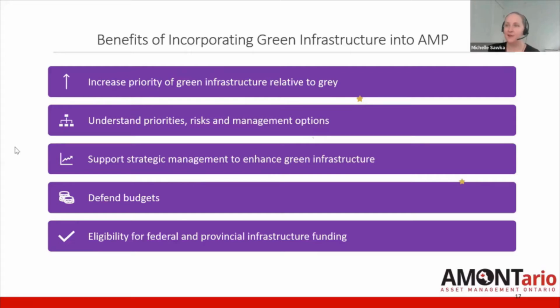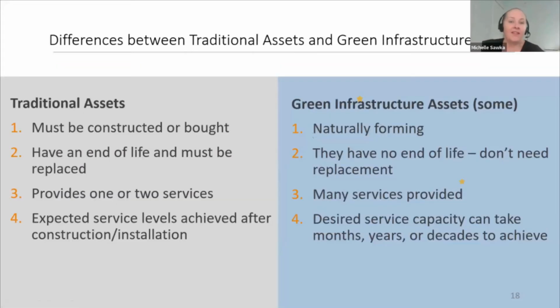All right, so I thought it might be helpful to quickly highlight some of the key differences between traditional and some green infrastructure assets. So Thomas highlighted a couple of these in his great case study. On a fundamental level, traditional assets are purchased and they're constructed, and some green infrastructure assets like forests or wetlands can be naturally forming.